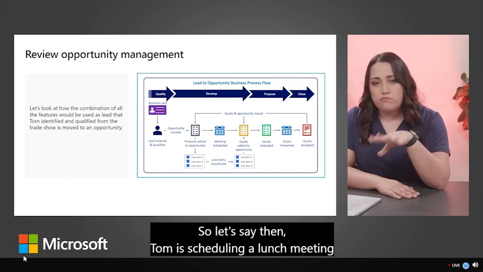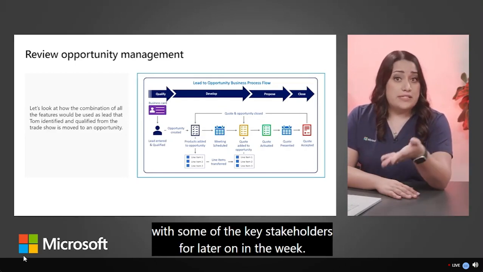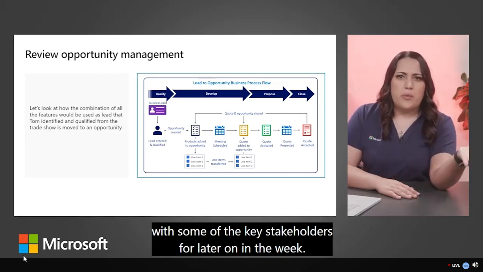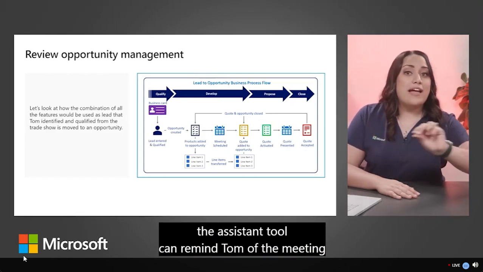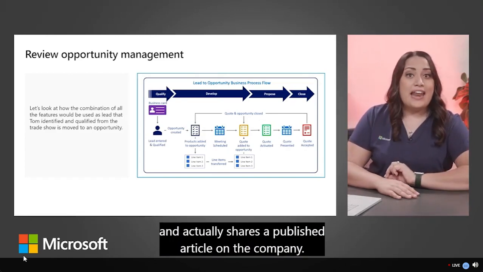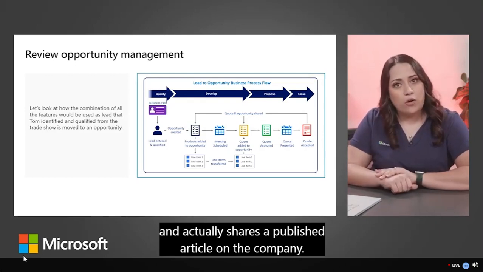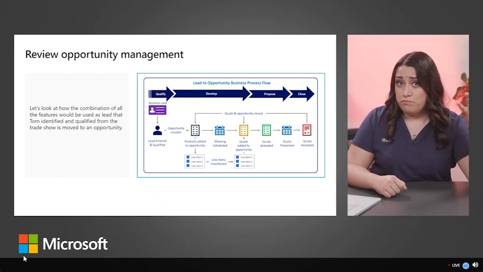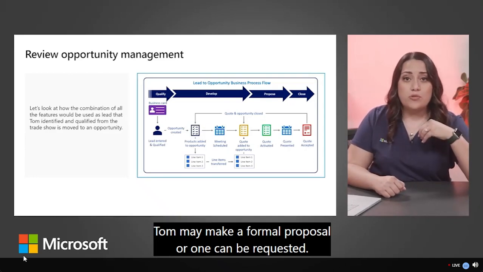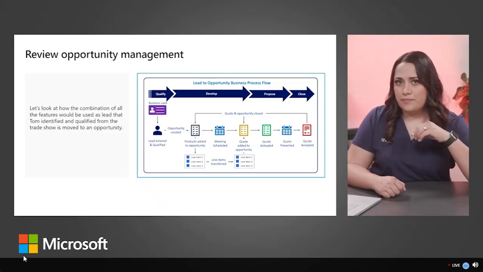So let's say then Tom is scheduling a lunch meeting with some of the key stakeholders for later on in the week. Now, before the meeting, the assistant tool can remind Tom of the meeting and actually share a published article on the company. So during the lunch meeting, Tom may make a formal proposal or one could be requested.